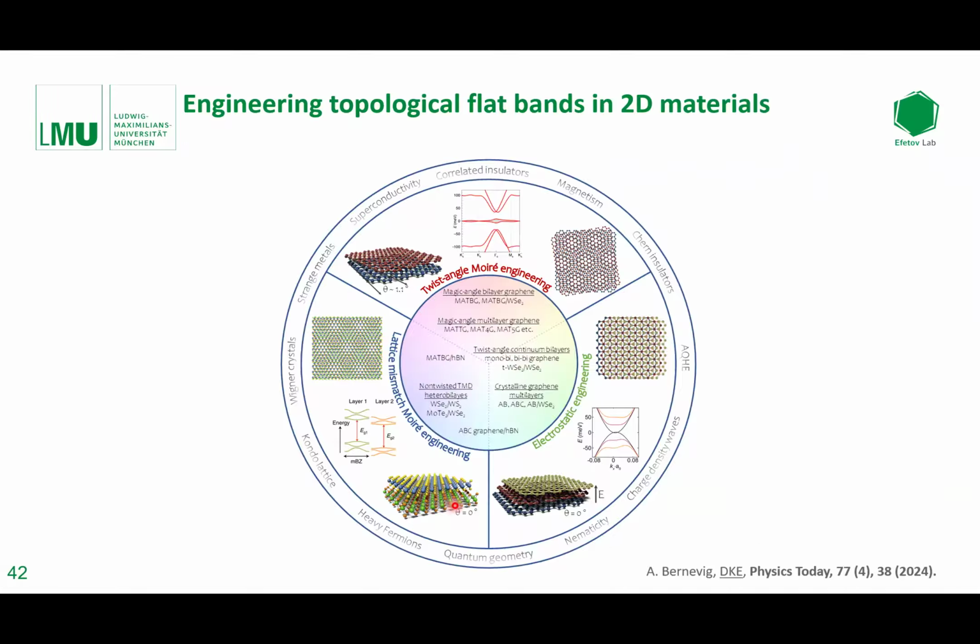And as of last year, these systems also started to show robust superconductivity, whereas a couple of years ago, there was maybe a debate that only graphene-based systems can show superconductivity. Since last year, we know that this is a much more general phenomenon in the world of twistronics.